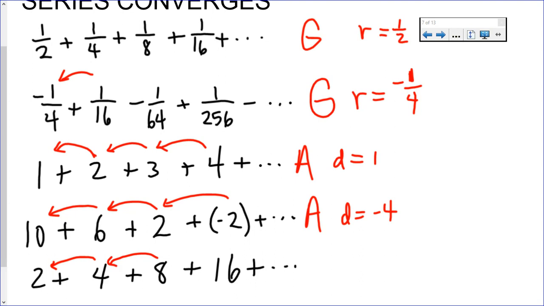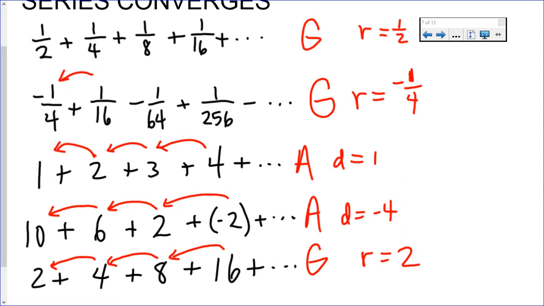No, that difference is 4 for 8 and 4, and the difference between 16 and 8 is 8. So there is no common difference. That means it would have to be geometric, if it is arithmetic or geometric at all. So if we do a common ratio, 4 divided by 2 is 2, 8 divided by 4 is 2, 16 divided by 8 is 2. So that means it's a geometric series because we have a common ratio.